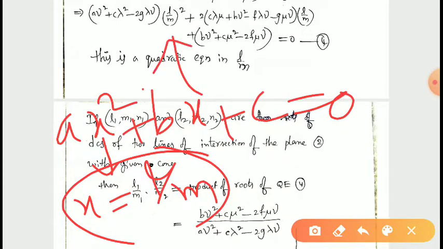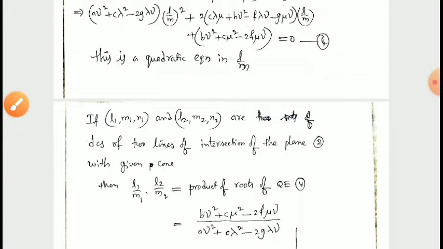Therefore, this is a quadratic equation in L by M. So every quadratic equation must have two roots.